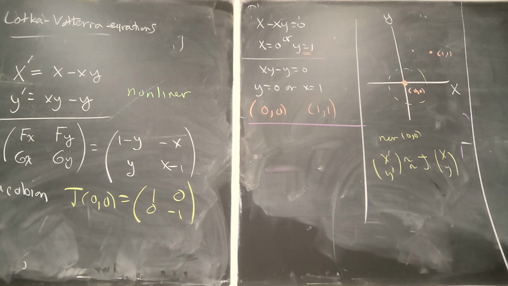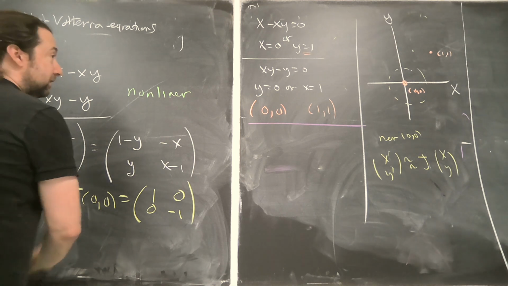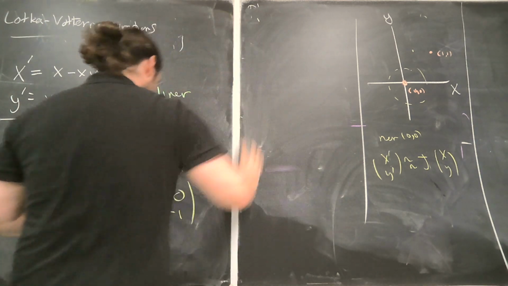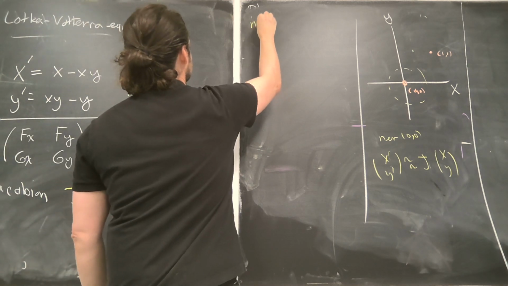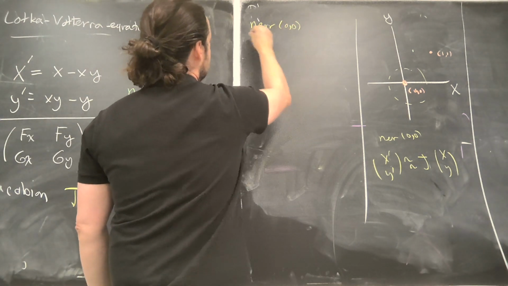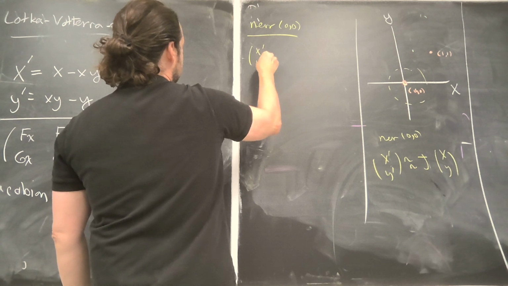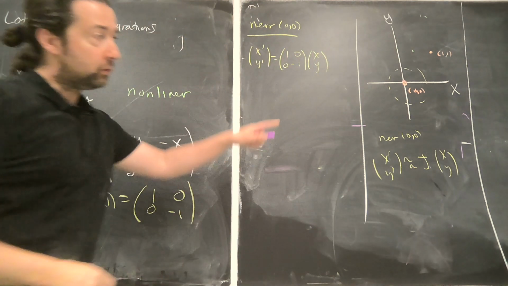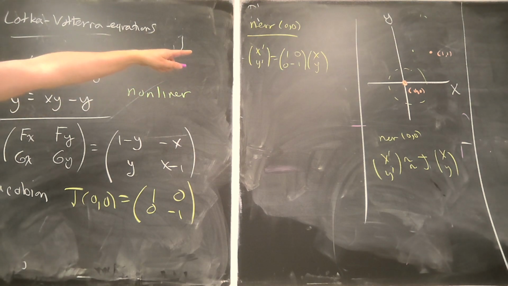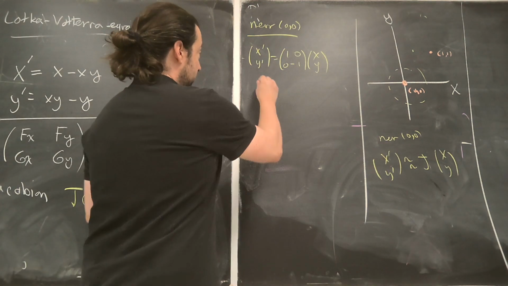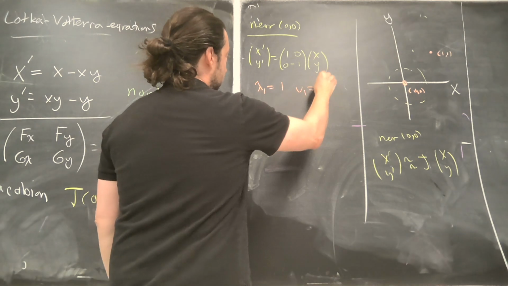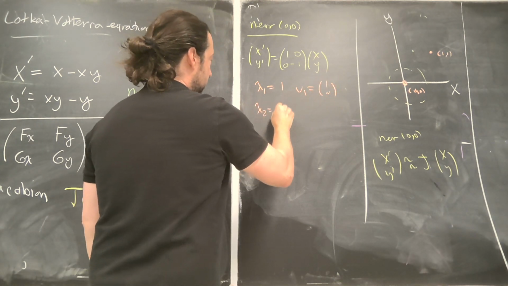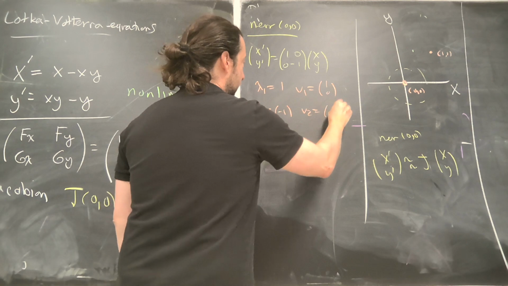It's probably not hard to figure out what its eigenvalues are. 1 and negative 1. So the idea now is, what we're saying is that near 0, 0, the system looks like x prime, y prime is equal to 1, 0, 0, minus 1 times x, y. In that little window around 0, 0, that's the way the system behaves. And in here, lambda 1 is equal to 1, and v1 is 1, 0, and lambda 2 is minus 1, and v2 is 0, 1.